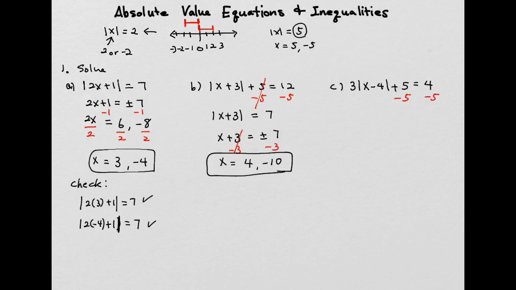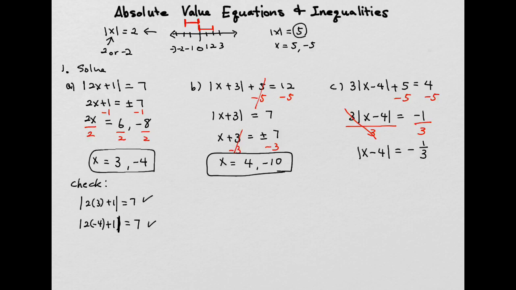I get 3 times absolute value of x minus 4 equals negative 1. And then when you divide both sides by 3, you get absolute value of x plus 4 equals negative 1/3.